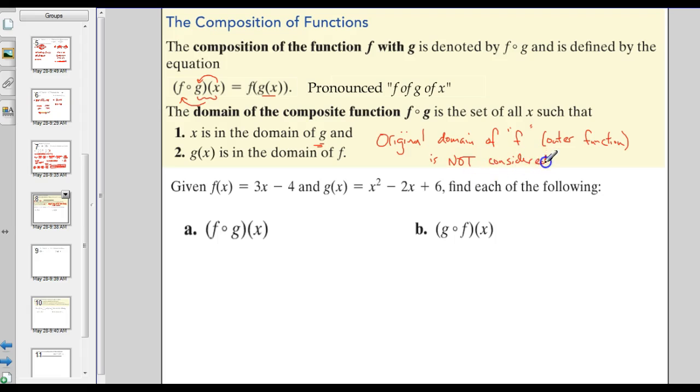So when we were doing composition, we had to remember the original domain of f and the original domain of g. But the original domain of f here does not matter.